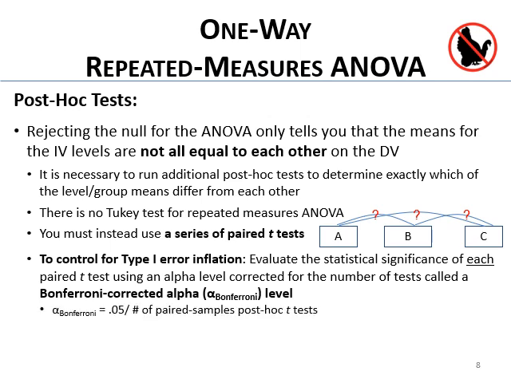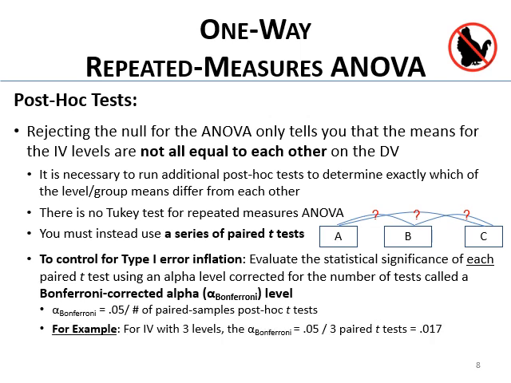And how's that? Well, here's the formula. It's real simple. You take the alpha level you want to keep, 0.05, and you divide it by the number of tests you're going to be evaluating the statistical significance of. So 0.05 divided by 5 tests, you'd be evaluating each paired t-test at an alpha of 0.01, for example.